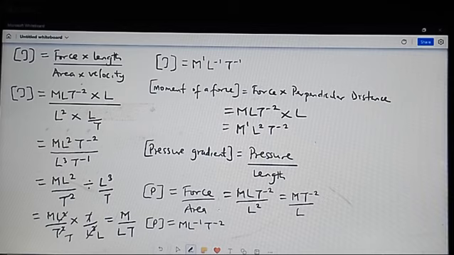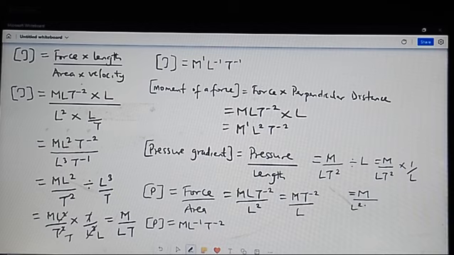Then that of pressure gradient will now be equal to M over L T squared divided by L, which is the same as saying M over L T squared times 1 over L. And that gives us M all over L squared T squared.